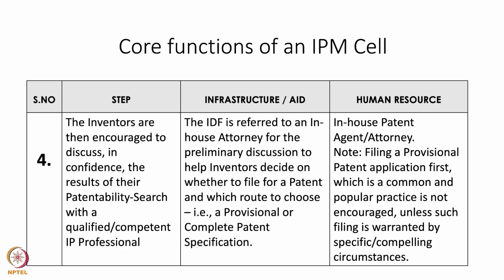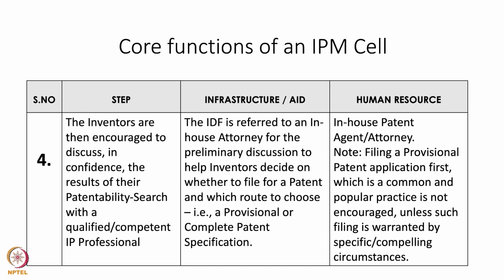Now the inventors are then encouraged to discuss in confidence the result of the patentability search with a qualified or a competent IP professional. Now the IDF is referred to an in-house attorney, and after the preliminary discussions, a decision is taken whether to file a patent and how to file the patent.